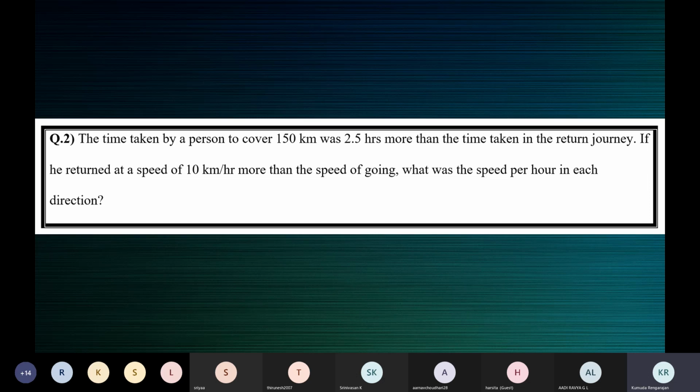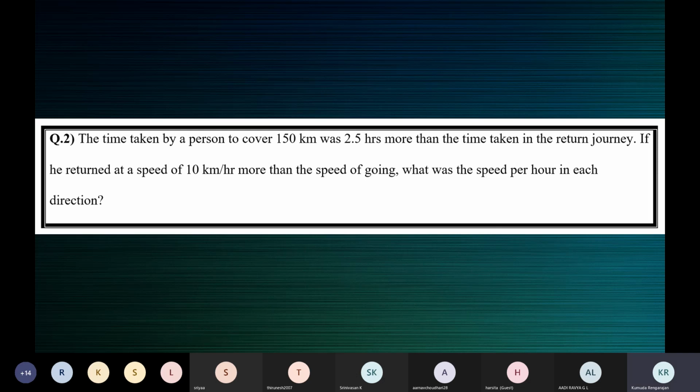Return journey also, distance is 150. Speed: onward journey speed is x kilometers per hour. In the return journey he increases the speed, so the return journey speed is x plus 10 kilometers per hour.